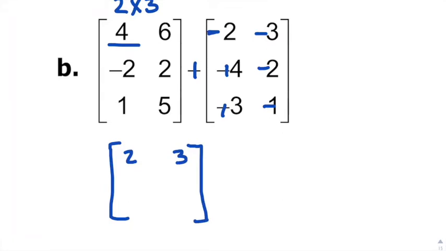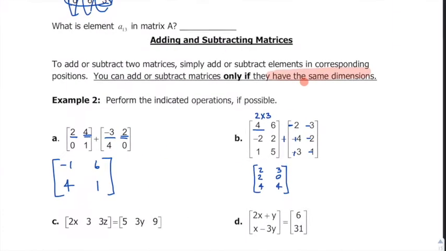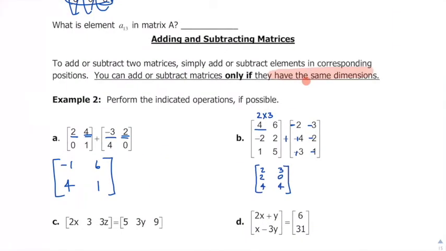You have -2 and then minus -4, so that changed it to a plus 4, which gets us 2 again. Then 2 and -2 gets us 0. You have 1, and then minus -3, so it was 1 plus 3, which is 4. And then 5 and -1 was also 4. So that's a new 2 by 3 matrix.